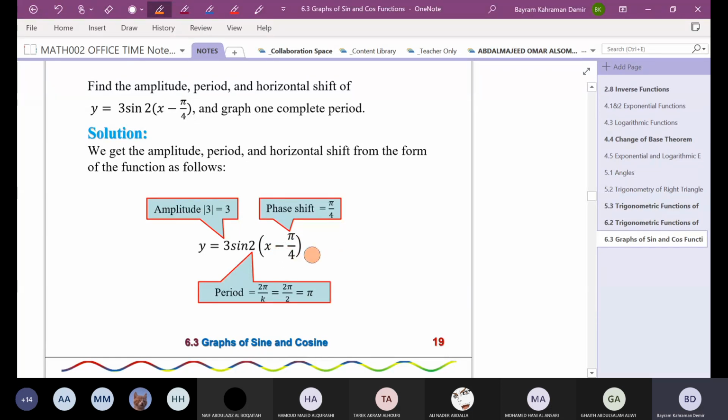So you're going to move right pi over 4 unit. And how do you find the period again? 2 pi divided by the coefficient of x, which is 2x here. So 2 pi divided by 2 is pi. So the period of this function is pi, Shabab.